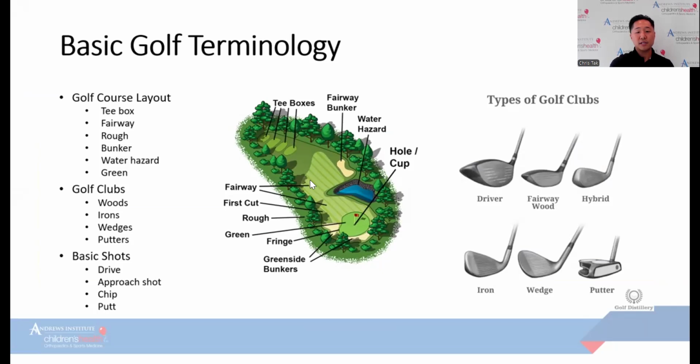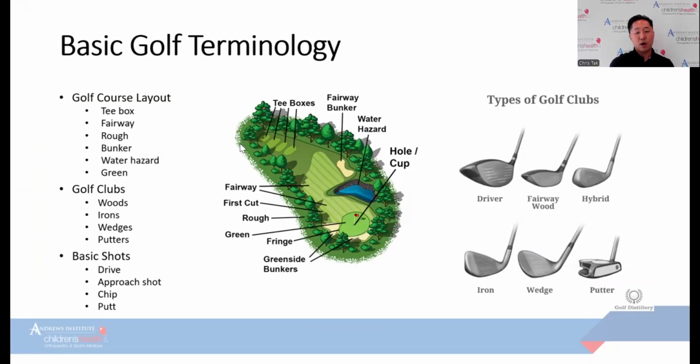This is a short grass area between the tee and the green. And then you have your rough, which is going to be along the outside of your fairway. It's longer grass surrounding the fairway and the green as well. Next one that we'll talk about is the bunker. So this is a fairway bunker here, and then you have your greenside bunker. A bunker is a sand trap that poses an obstacle for golfers.